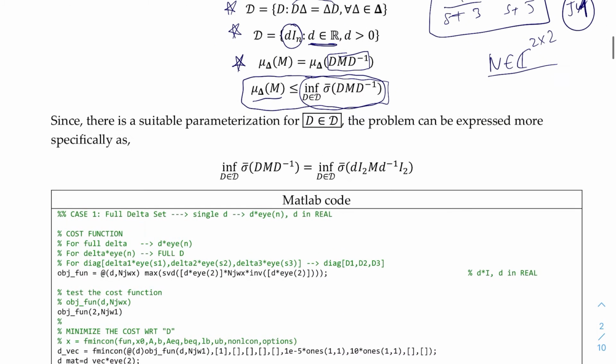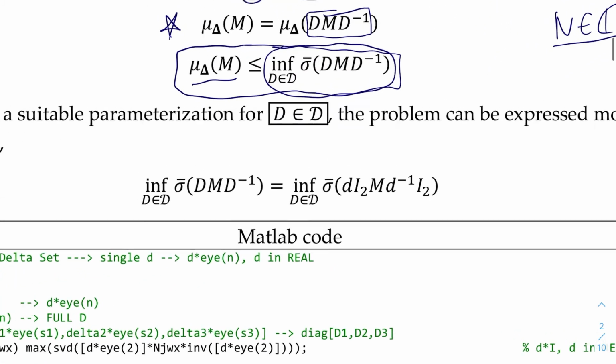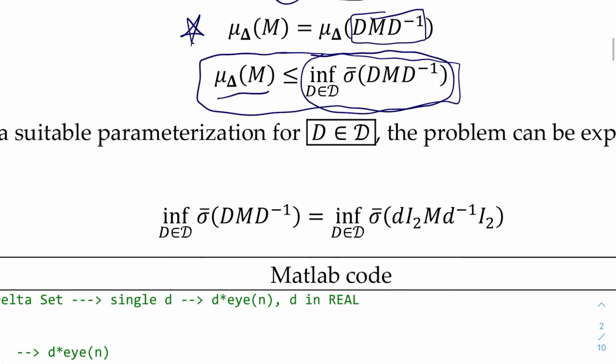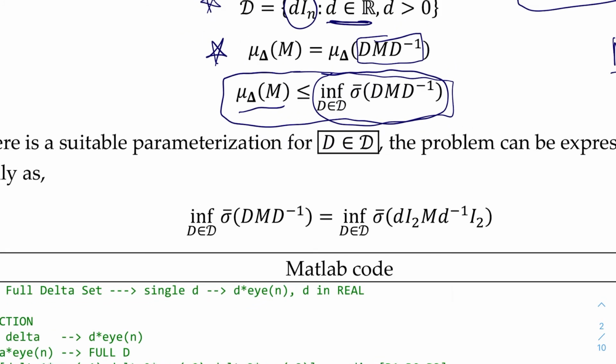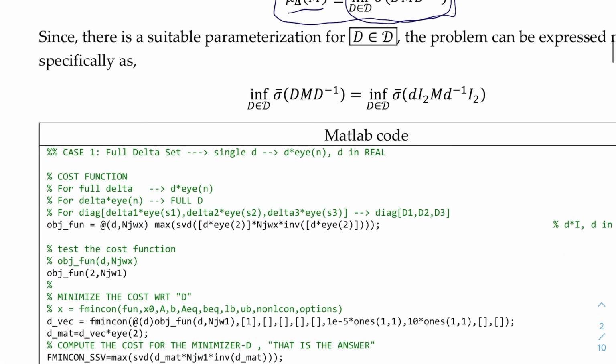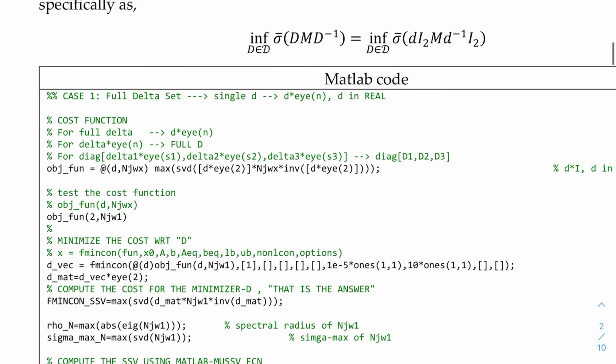By the way, it's a simple problem, and we are going to talk about this in detail. Just to present the idea, I'm going to talk first about FMINCON. FMINCON is a built-in MATLAB function.